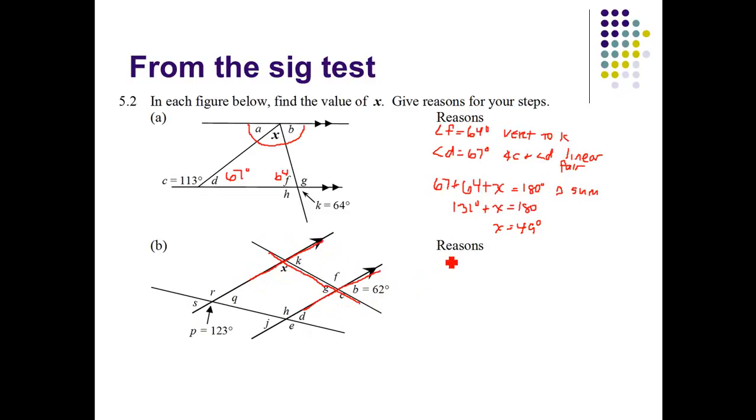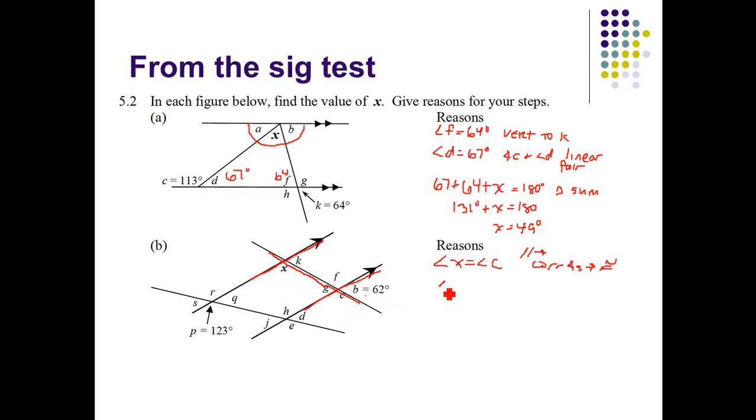You could say angle X equals angle C. They are corresponding angles. And we had parallel, so corresponding angles are congruent. So that means that X and C are the same.